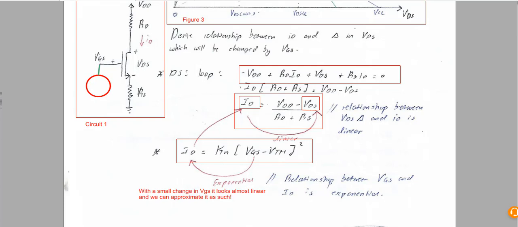It's an AC voltage. Let's say we place an AC source here. Now, if we plug an AC source here, there's going to be a change in VGS.